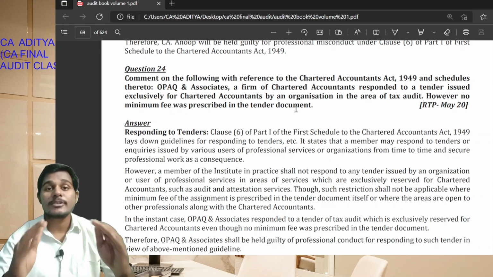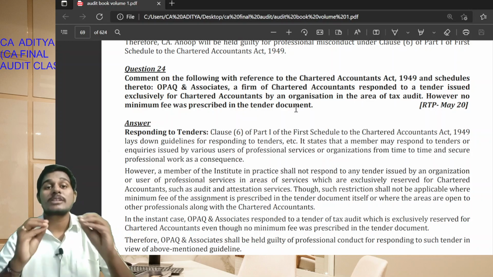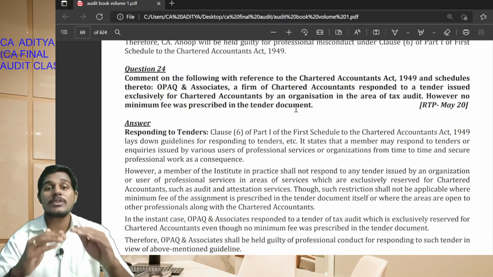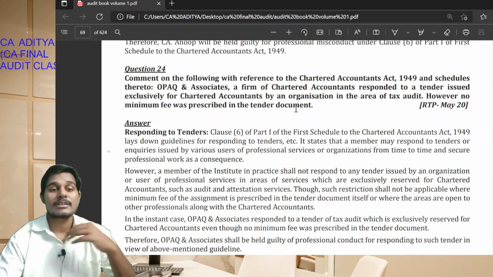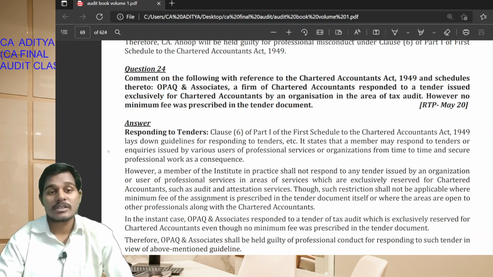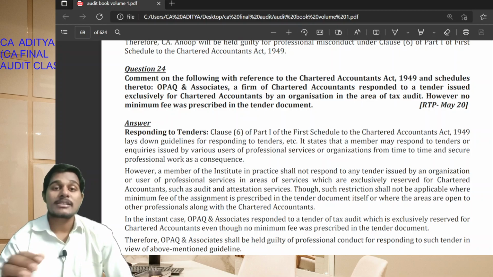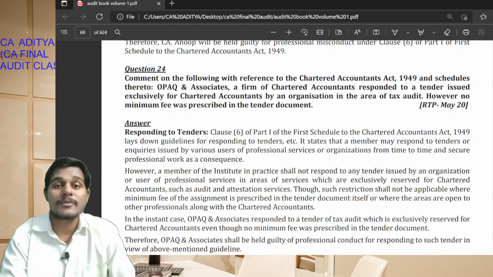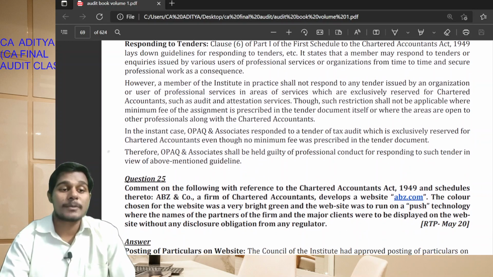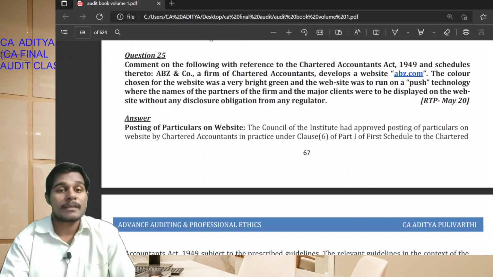If he enters into such tenders where there is no minimum fee and the service is exclusive to chartered accountants, then he will be guilty of professional misconduct. In this case, PQR shall not respond to such tenders, so there will be professional misconduct.